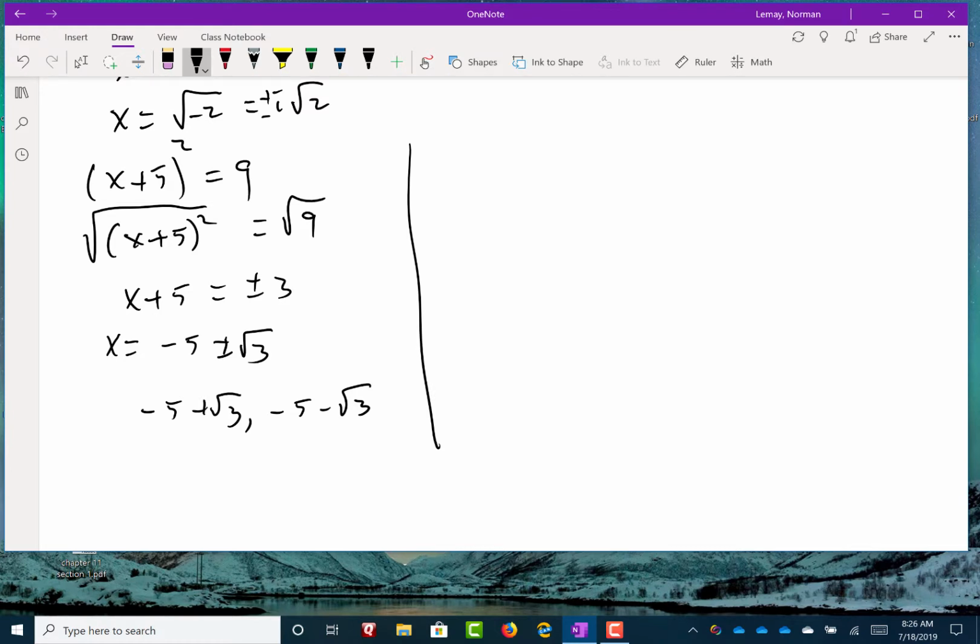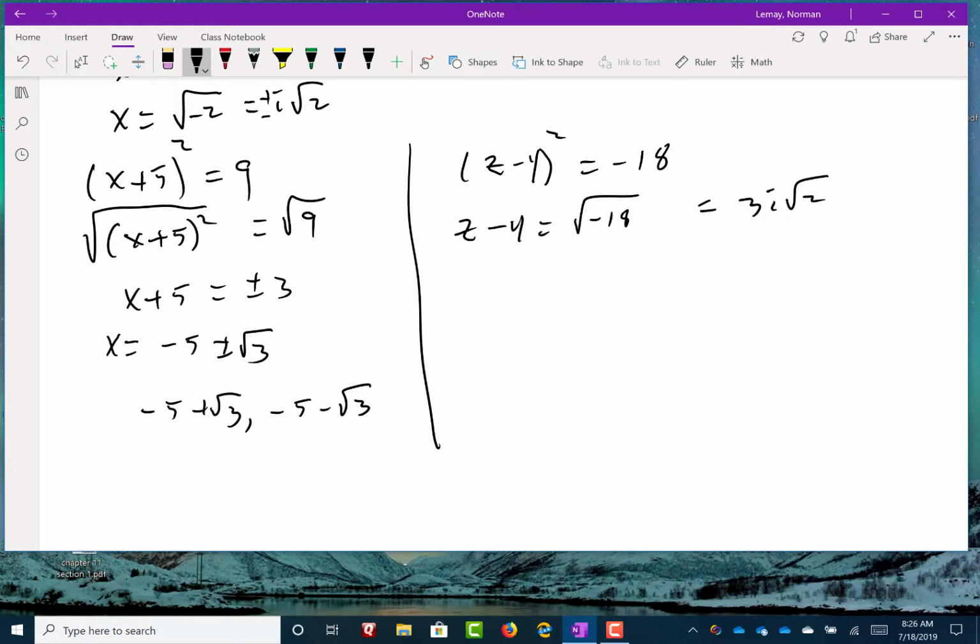So let's take a look at z minus 4 squared equals negative 18. Here we take the square root of both sides. On the left we get z minus 4 is equal to the square root of negative 18, which we know, since 18 is 9 times 2, is going to be 3i square root of 2.